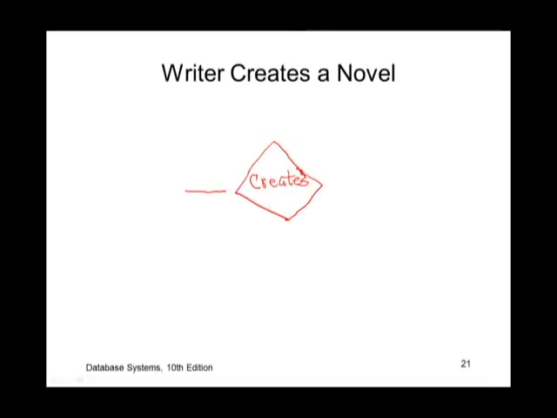And then we'll want to look at the left and right side of the relationship. So our noun is going to be writer. That's the person doing the work. And the output is going to be the novel.